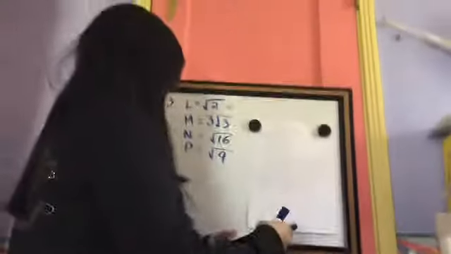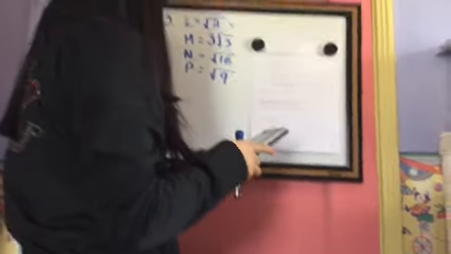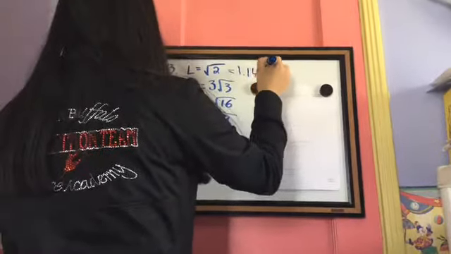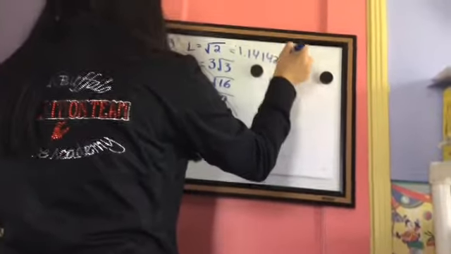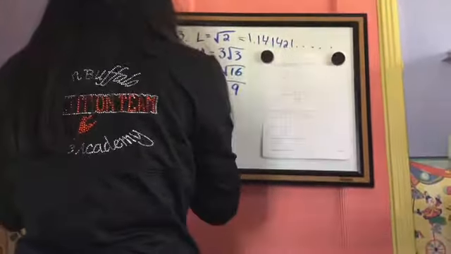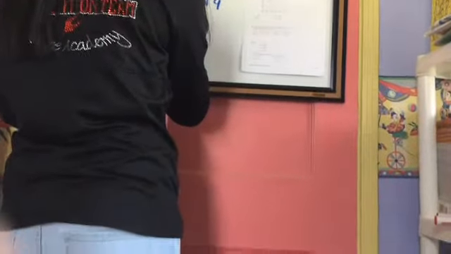It is 1.14142113, and it keeps going on. 3 square roots of 3 is equal, I'll write this down here, 5.196152, and it keeps going on.